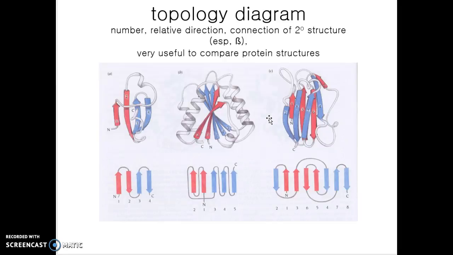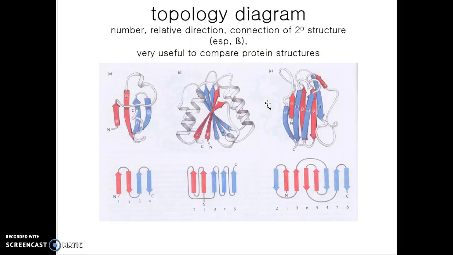Sometimes it's very useful to draw emphasizing the secondary elements, especially for beta.